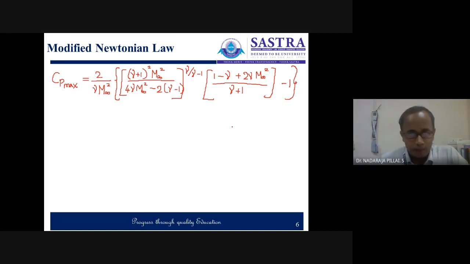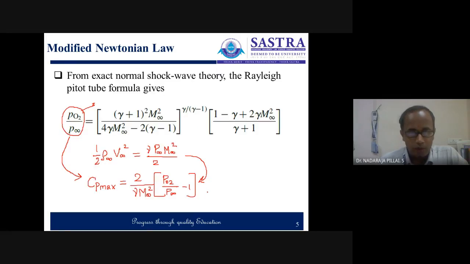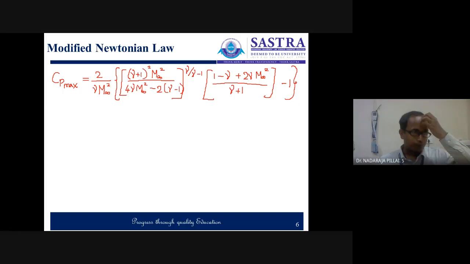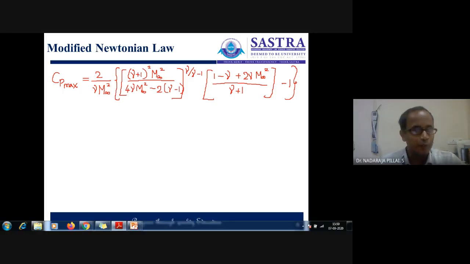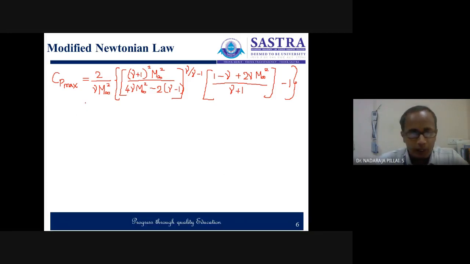So we write this equation by combining these two equations, in this Cp max where we substituted this particular T naught 2 by T infinity. So we can write this and this. Now we have this equation. As usual, we consider the limit here. Let us consider the limit where M tends to infinity.